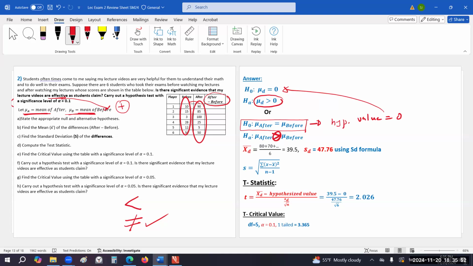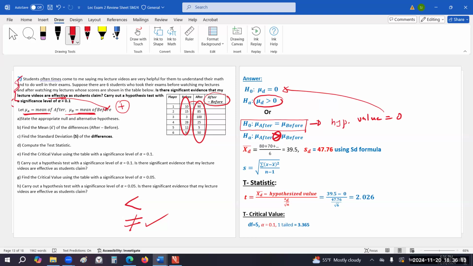For any effect, you have no idea if it's affecting positively or negatively. So if you have no idea, it's two-sided. But in here, I'm clearly mentioning that I want to see whether my videos help them or not.